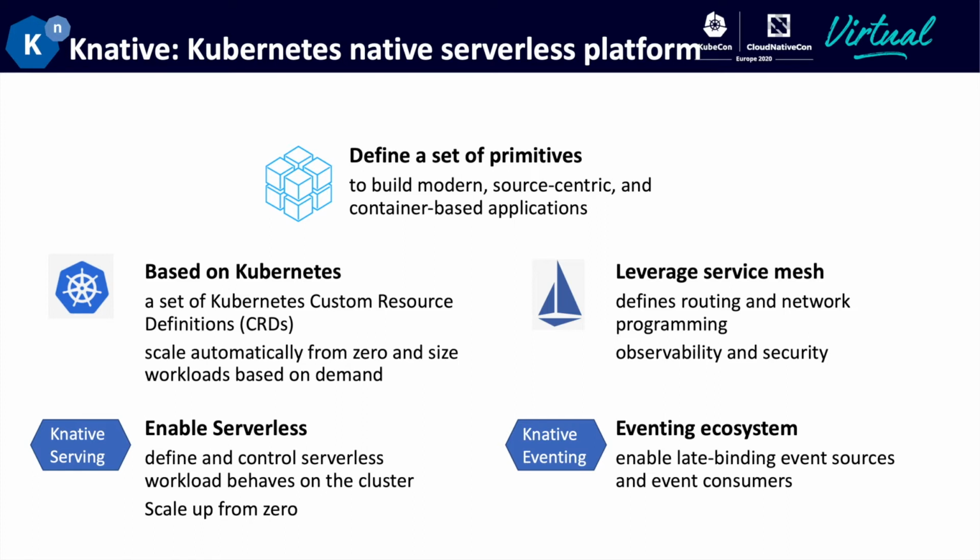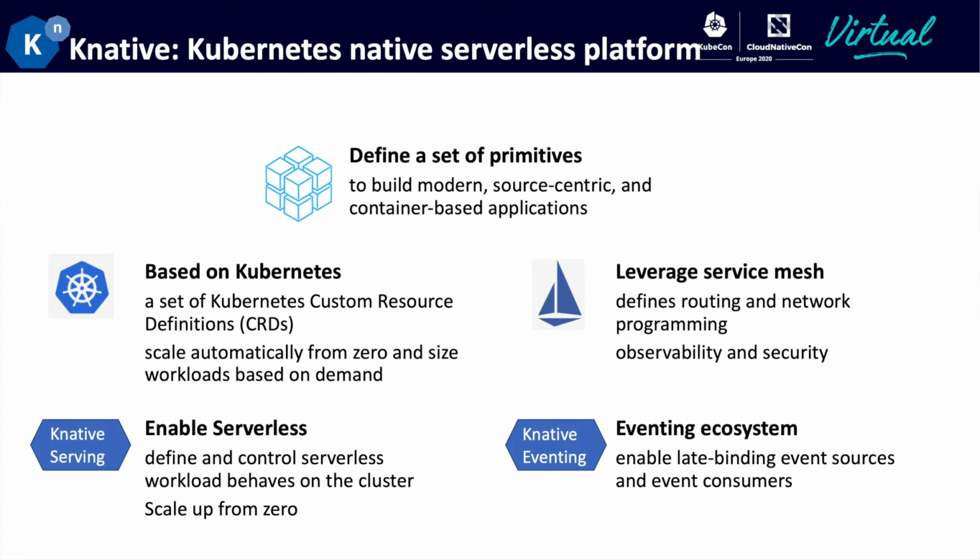Since Knative is Kubernetes native, it can leverage all the tools in the Kubernetes ecosystem, for example, auto-scaling and telemetry. It leverages service mesh, for example, Istio, to define routing and network programming and to enable security access. Knative can use Zipkin, Grafana, and Prometheus to get better observability.